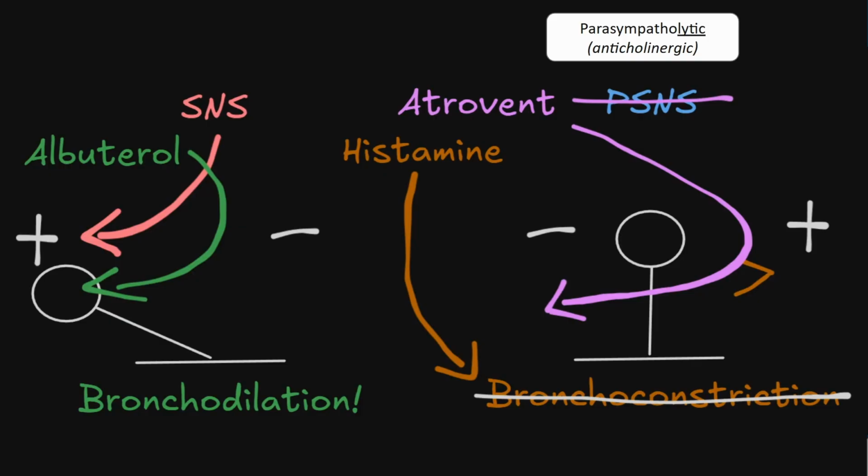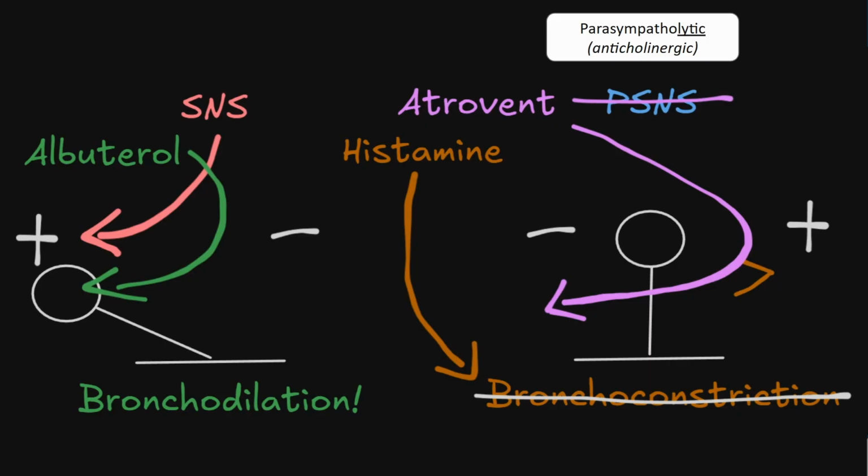The most succinct way I've ever heard this described is that albuterol dilates your bronchioles, and Atrovent prevents them from constricting. That's the most concise way I think I've ever heard that described. Atrovent prevents them because it's not a pro-sympathetic, it's not an adrenergic, it's an anticholinergic.